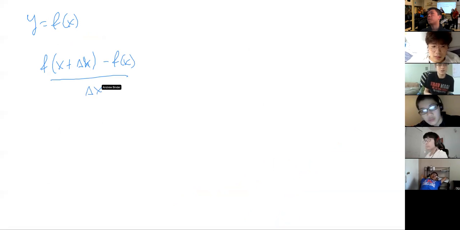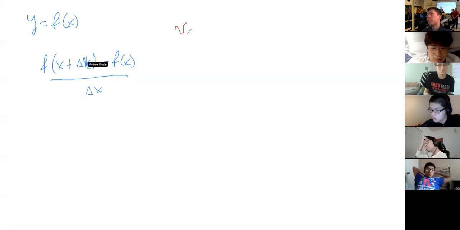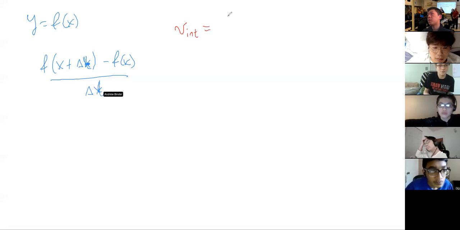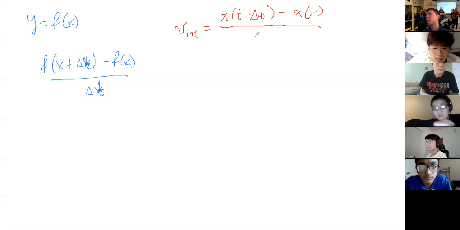For simplicity, in this case it would be t, so plus delta t, my bad. So velocity is equal to x of t plus delta t minus x of t over delta t, right?